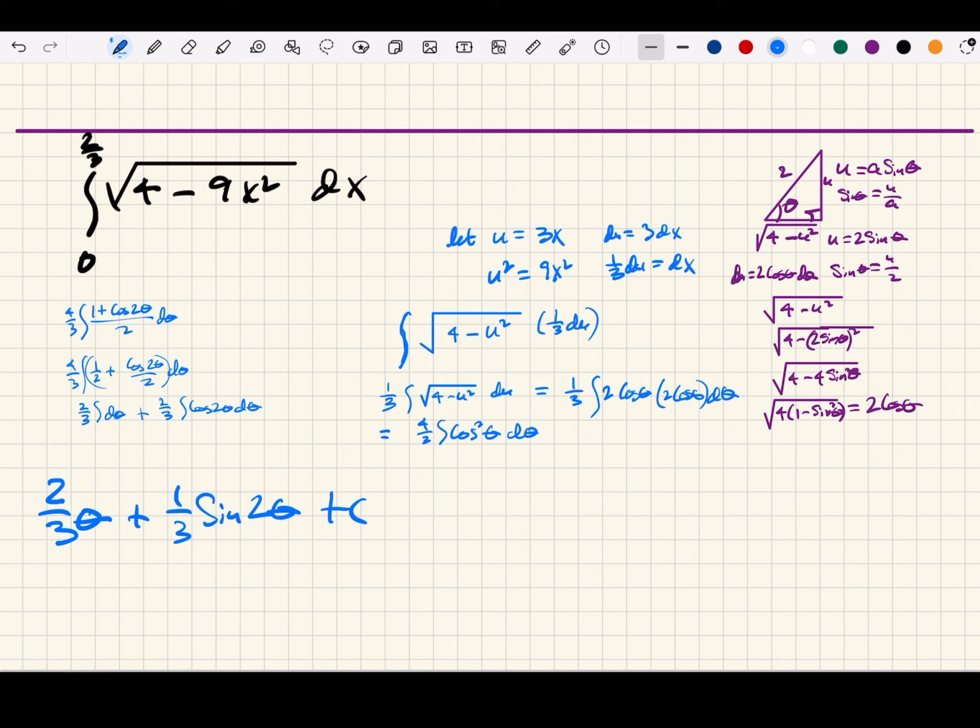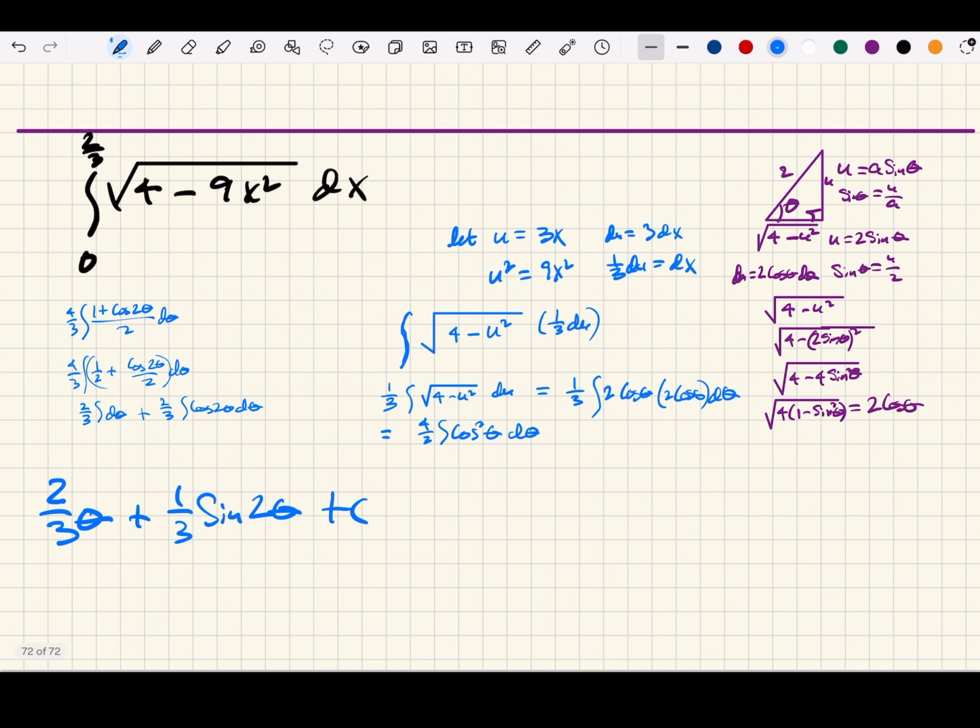Probably should. Okay. So, our substitution was sine theta equal to u over 2. So that means that theta is the inverse sine of u over 2. But we made a substitution in the first place, and that was that u was going to be 3x, right? So this will be the inverse sine of 3x over 2.